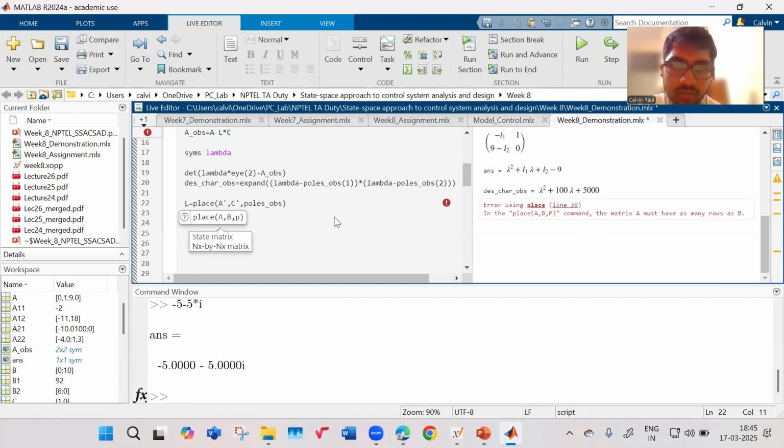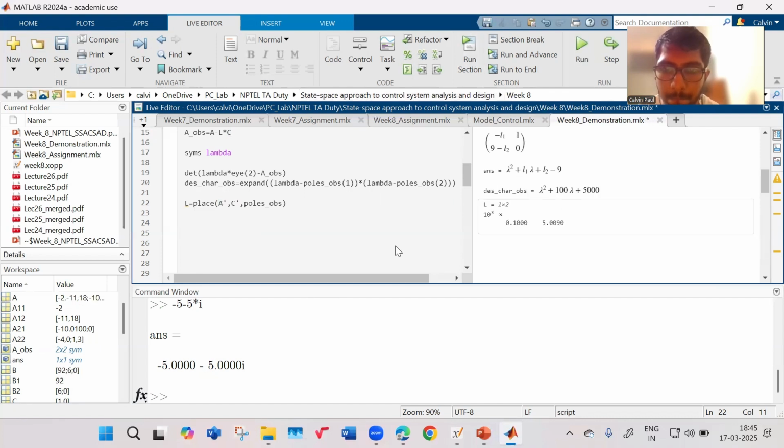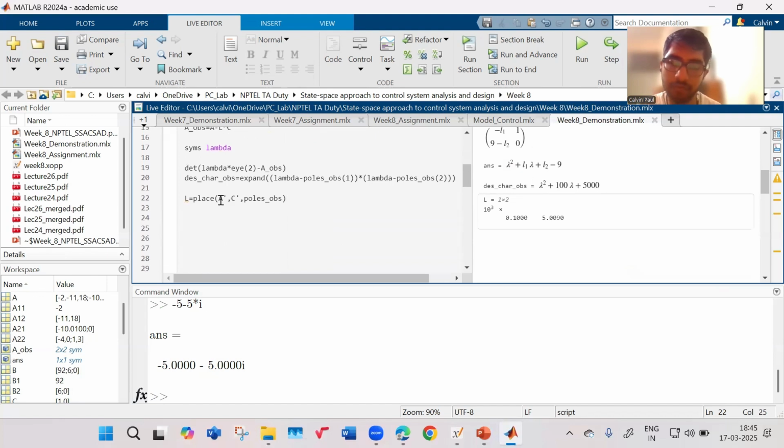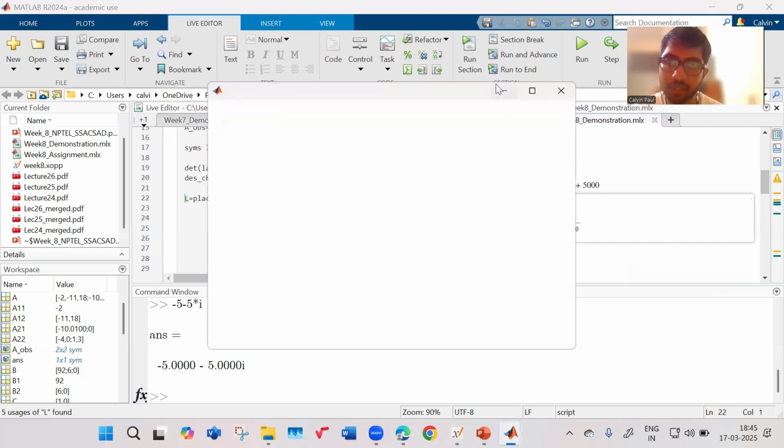This will be A transpose. When we use place, we have to use A transpose, C transpose, and the poles of the observer. We cannot use A. Then we will get as per this. You notice 1000 into 0.1 is 100, and 1000 into 5.009 will be 500.9.